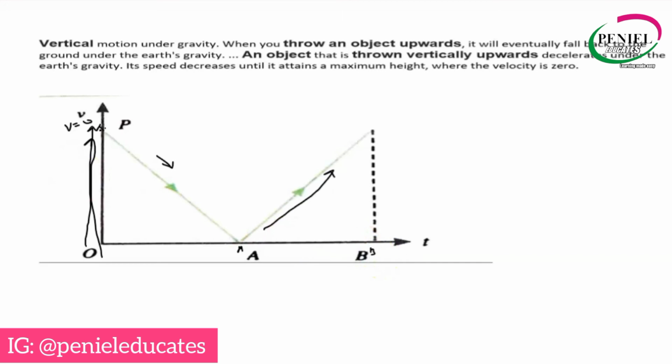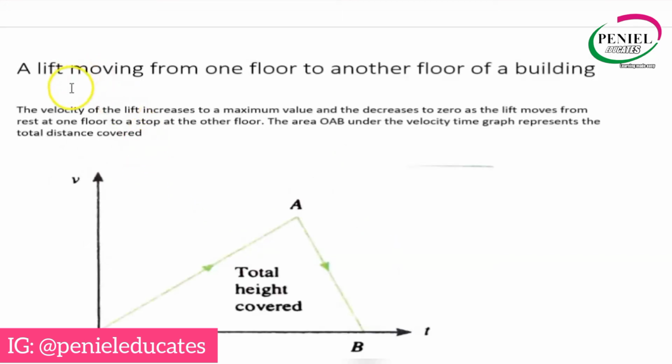All right. If we also look at a lift moving from one floor to another in a building, you discover that the velocity of the lift increases to a maximum value and then decreases to zero as the lift moves from rest at one floor to another.